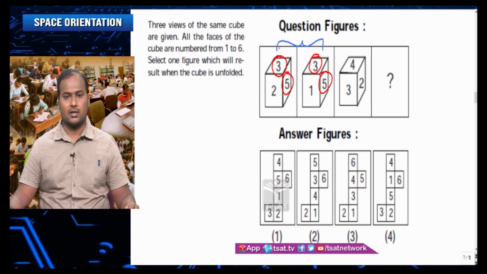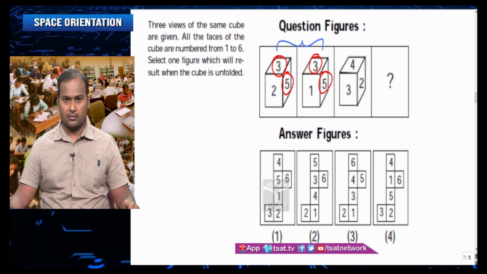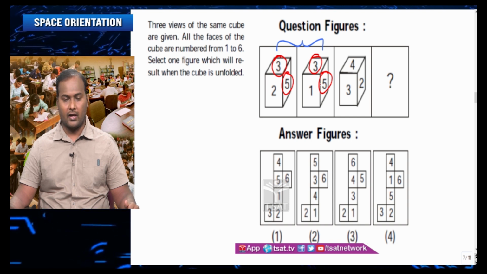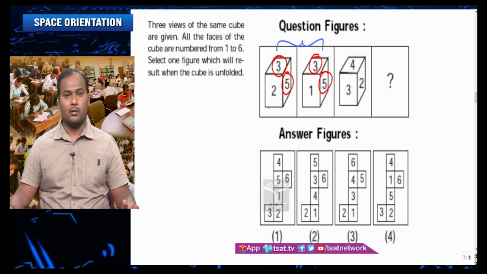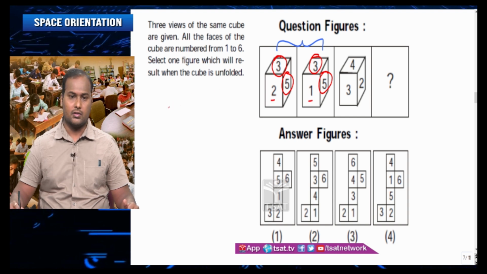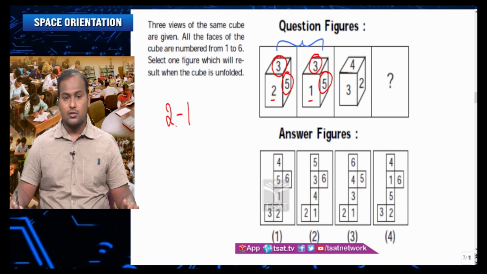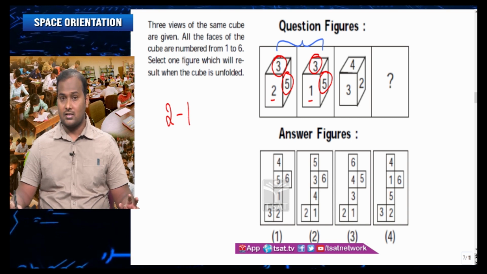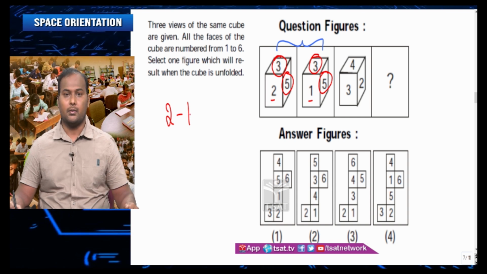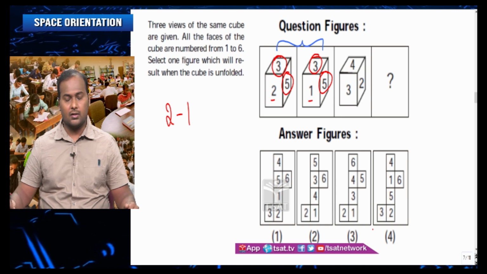Whenever you select any 2 cubes, when 2 faces are common, in this case 3 and 5, the remaining faces will be opposite. What are the remaining faces? 2 and 1 are opposite. So obviously 2 opposite 1. I already said that between 2 opposite faces, you should have one face in between. Based on this logic, we will check which option is correct or wrong.